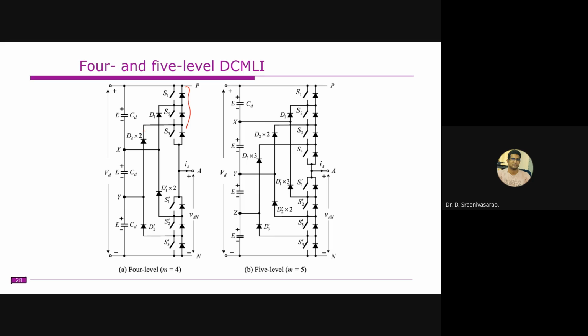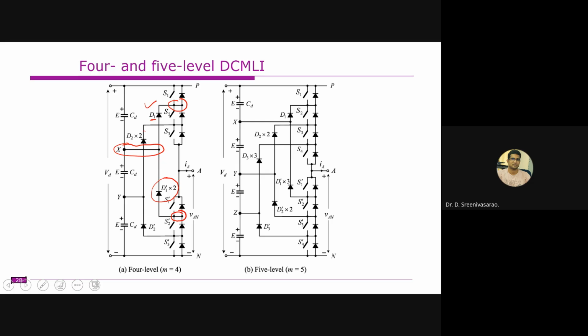And these clamping diodes usually have different ratings. For example, this point X is connected, if you observe, between these two points. So this DZ1 is connected between these 2 points. If you see here, this D1 is written, which is between here and here, so this is D1 dash into 2.